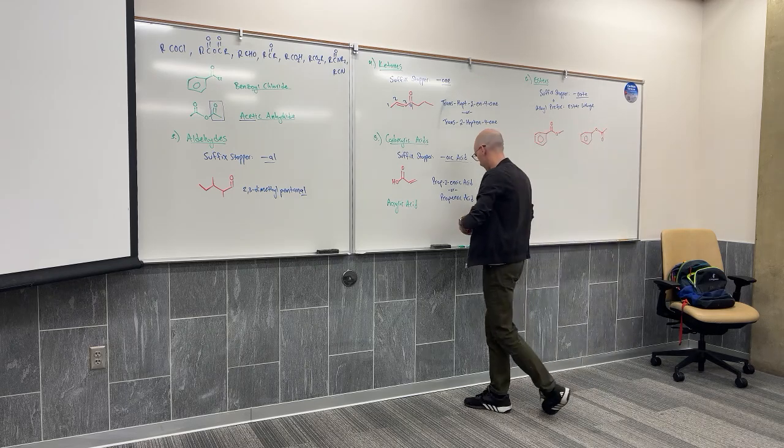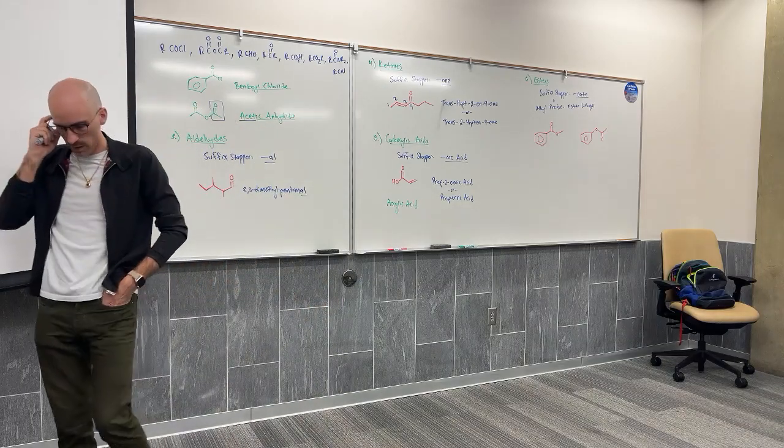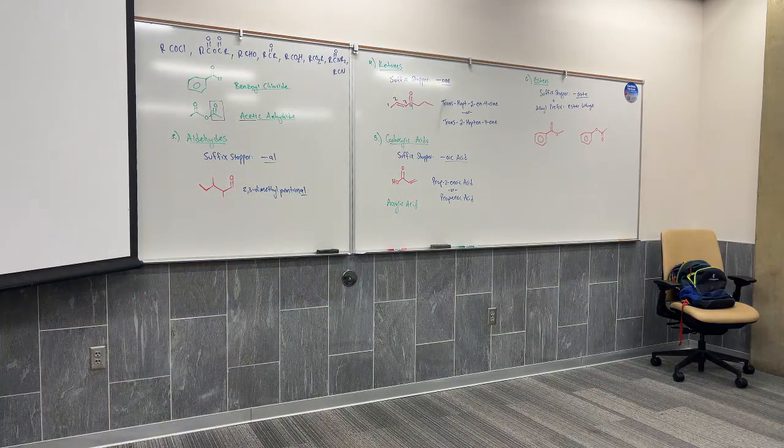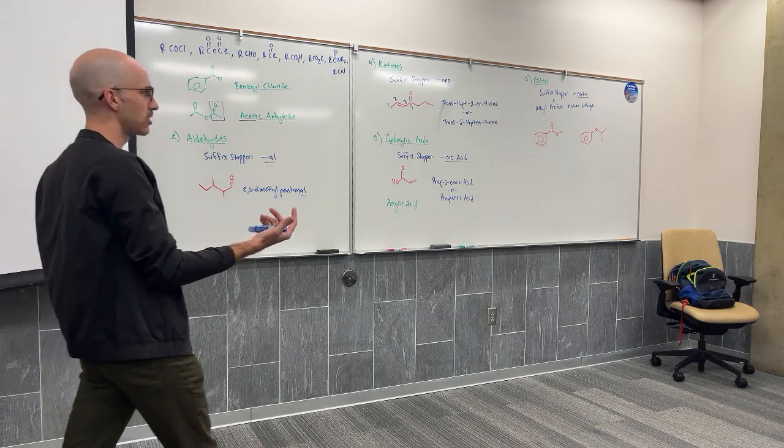Can you guys tell me, as you copy these down, before we name them, what is the relationship between those two molecules? Are they identical, enantiomers, diastereomers, structural isomers, conformational isomers?